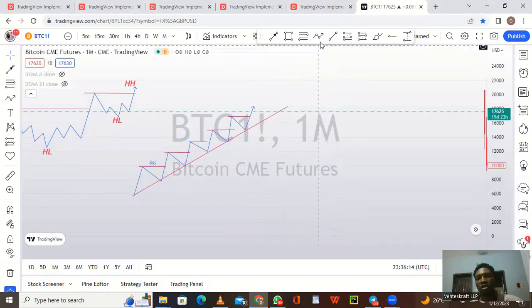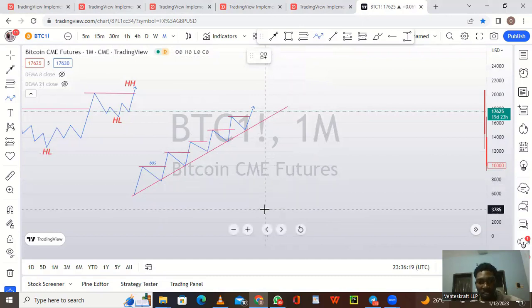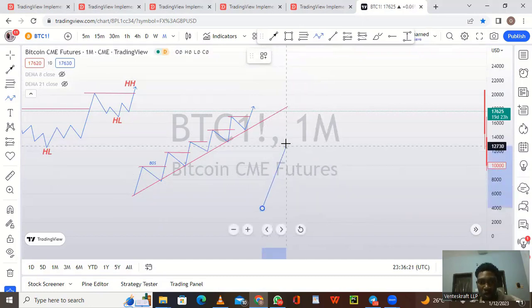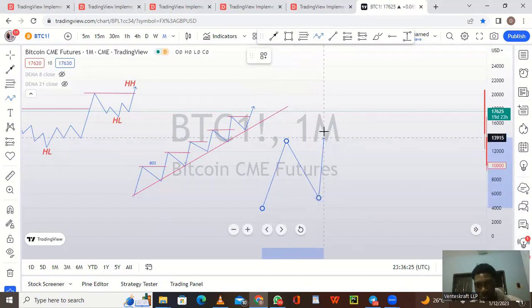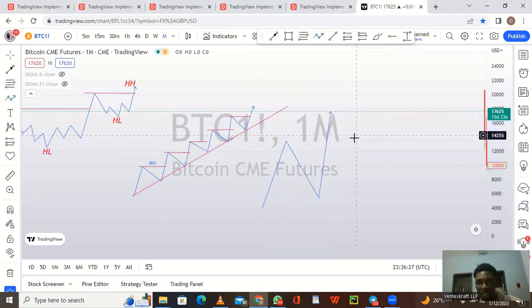Now, like I explained to you before, if you identify a bullish market in this form, this is a break of structure. This is a break of structure.